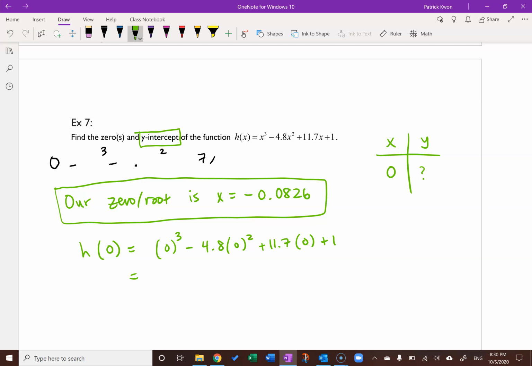So this simplifies down to 0 minus 0 plus 0 plus 1. And if we simplify that, we are just left with 1. And so I put a question mark here, but this question mark is really equal to 1. So our y-intercept is the ordered pair 0, 1.